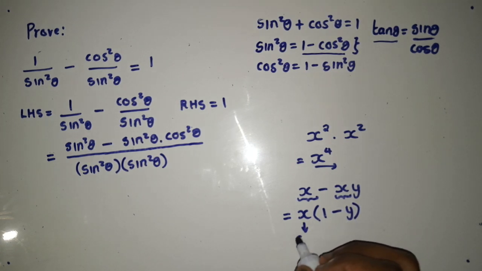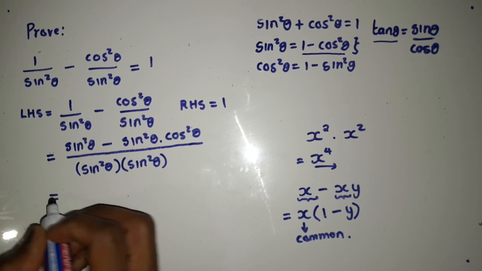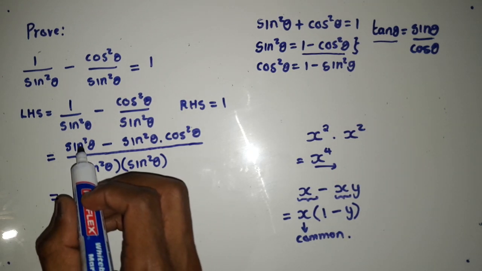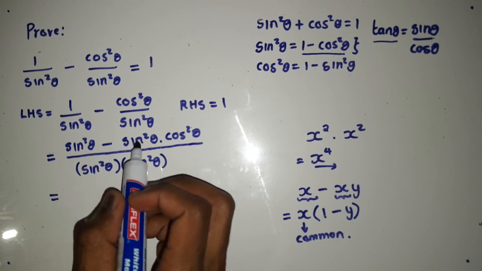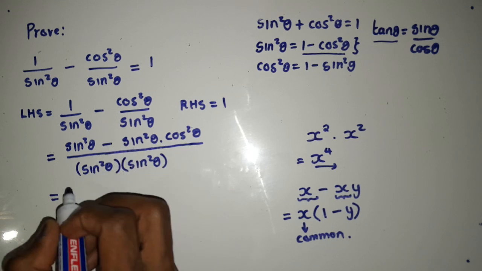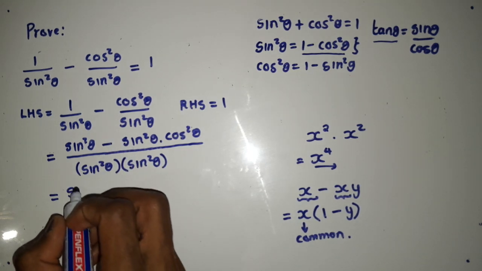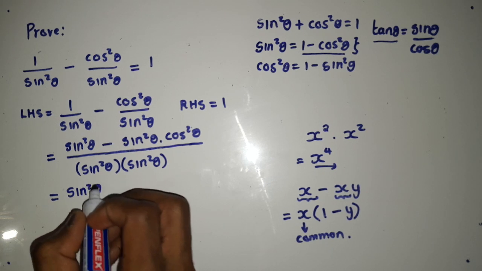Then this x is our common factor, you see. Then it's like on this one we have sine squared theta minus sine squared theta cos squared theta. Sine squared theta is common, you see. We just need to take it out like this.